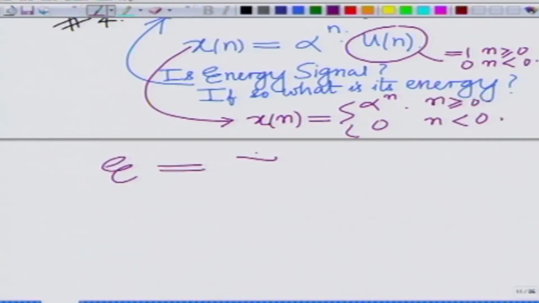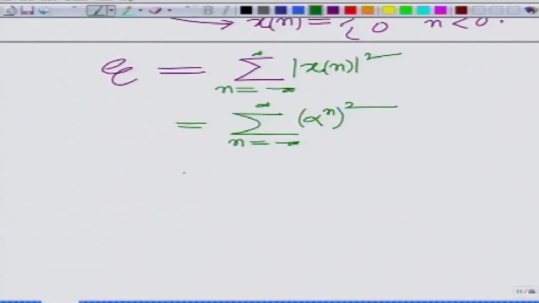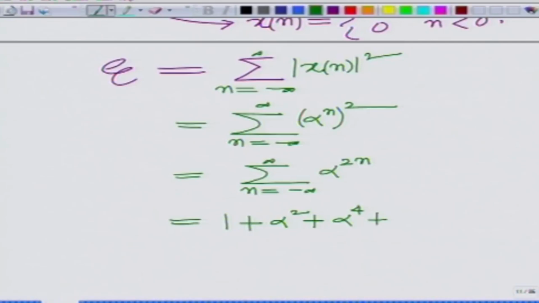The energy of a discrete time signal is summation n equal to minus infinity to infinity magnitude x n square, which is summation n equal to minus infinity to infinity alpha to the power of n whole square, which is summation alpha to the power of 2n, which is basically 1 plus alpha square plus alpha to the power of 4 plus alpha power 6 plus so on.